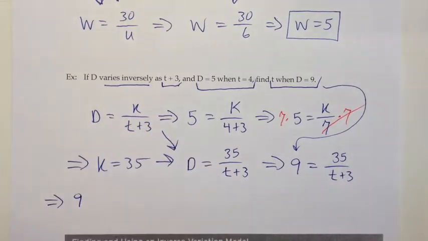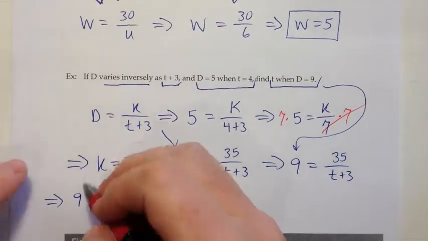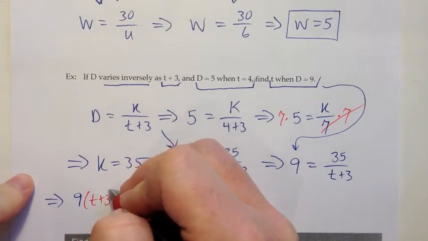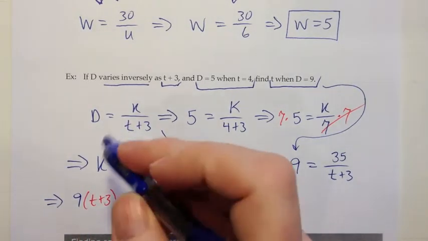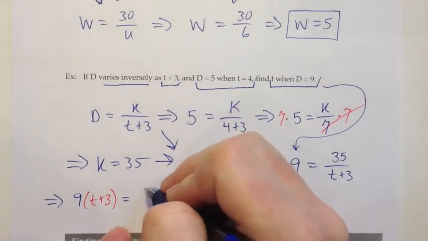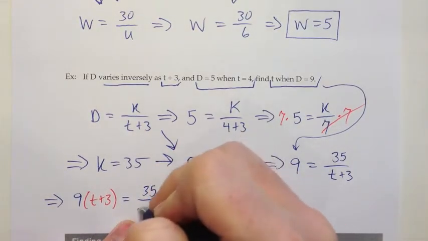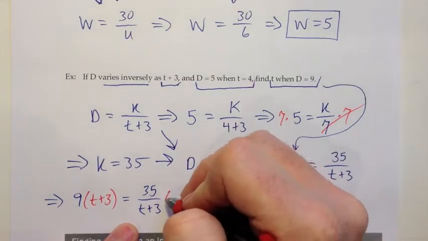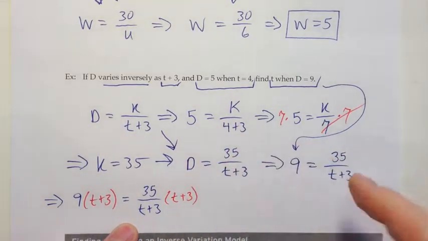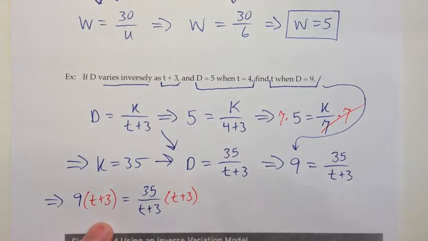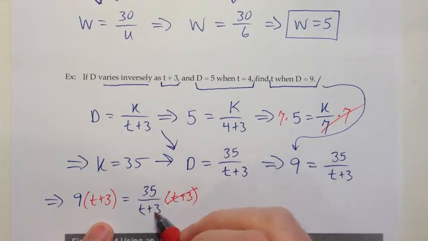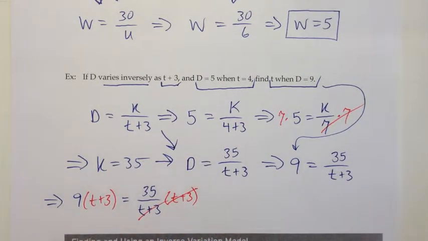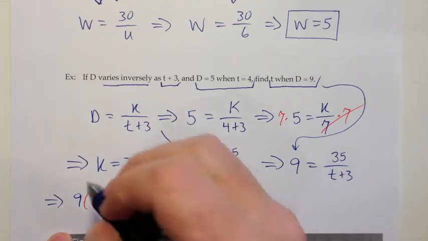I'd say I have 9 times t plus 3 equals 35 over t plus 3 times t plus 3. So I'm just taking that equation that I had here and I'm multiplying both sides by the same thing. The reason I'm doing that is to get the fractions to go away by canceling that denominator. And then at this point I have an equation I need to solve.